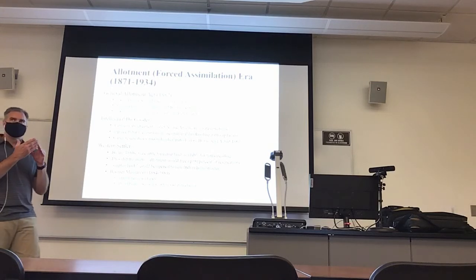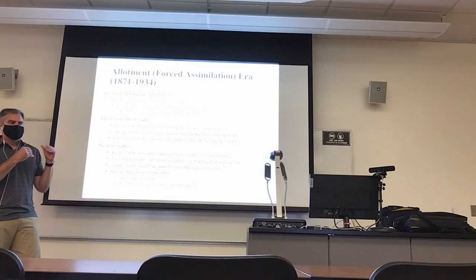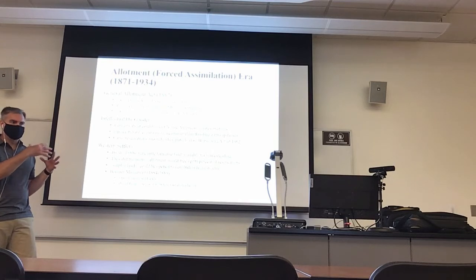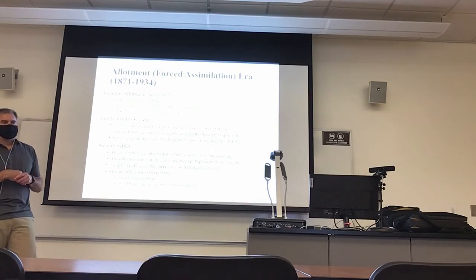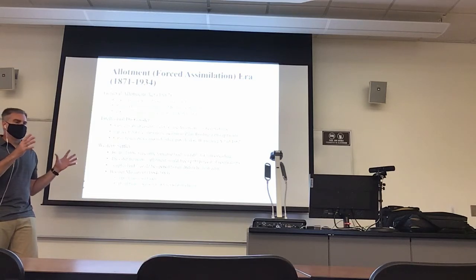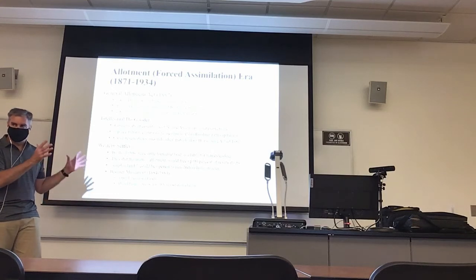up to 1887, for 25 years, the United States has had a policy known as the Homestead Policy. The Homestead Act began in 1862, and the expansion of the United States agricultural frontier into the Great Plains and even into the Mountain West greatly spread non-Indian settlement into Indian country, or into what was Indian country.